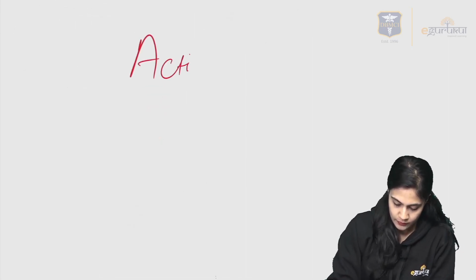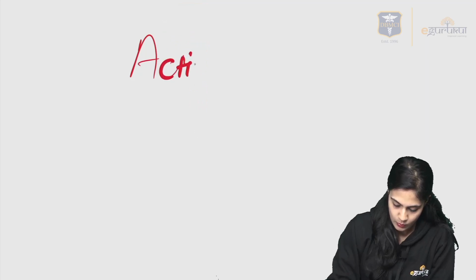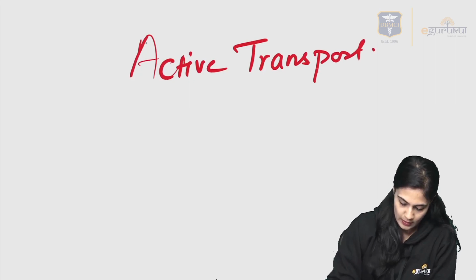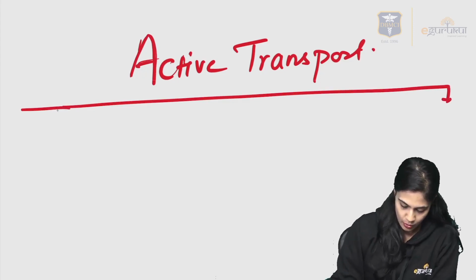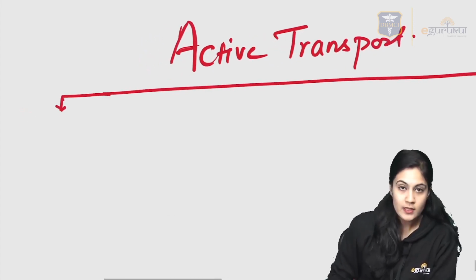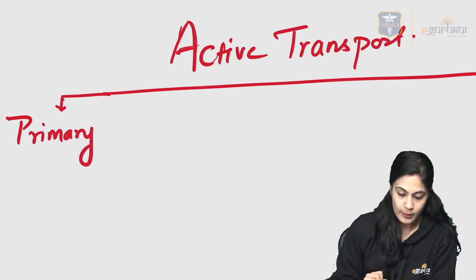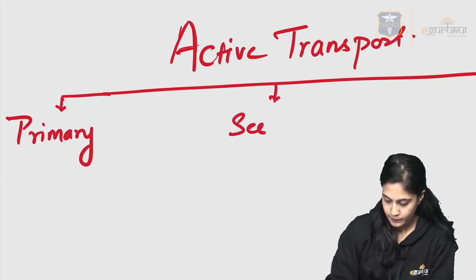So active transport again has subtypes, right? Let's see what types it consists of. First thing is primary, always. Next subtype is secondary, right?